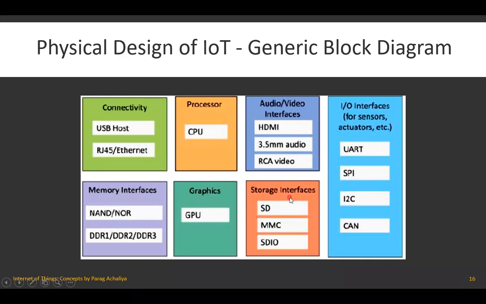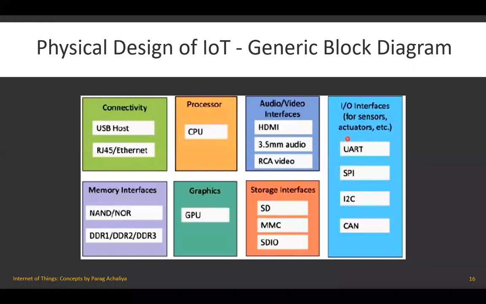It will have some external storage interfaces for your SD card or multimedia card like devices. Then it will have some IO interfaces, input output interfaces for sensors and actuators. So various sensors and actuators can be connected to your IoT device with the help of these particular ports.